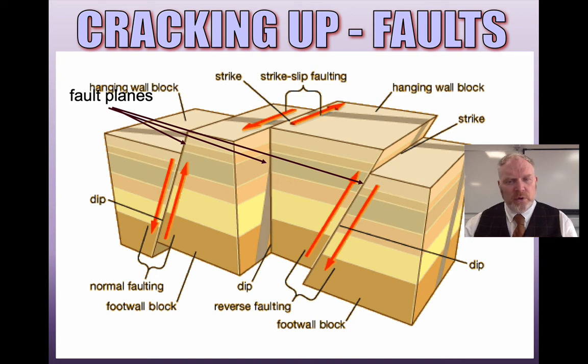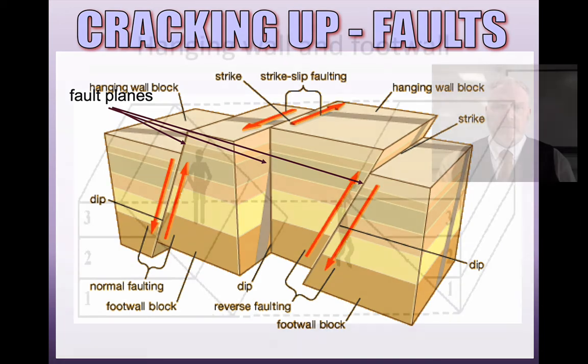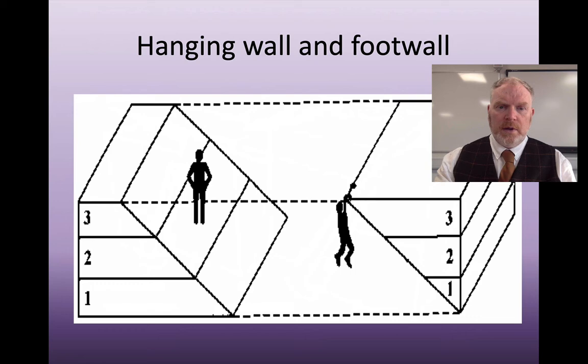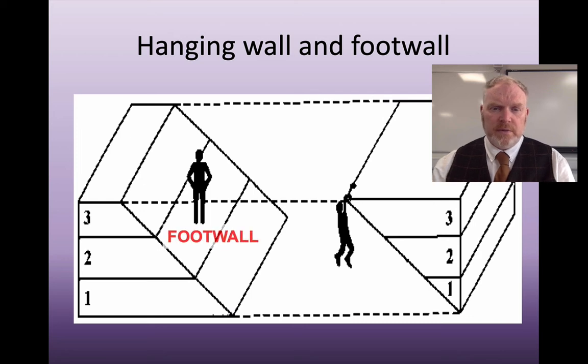But as I said, probably the most important of these is to be able to tell the difference between a hanging wall and a footwall. This diagram at the bottom of page 6 perhaps illustrates this a little bit. On the left we have the footwall, and on the right the hanging wall.